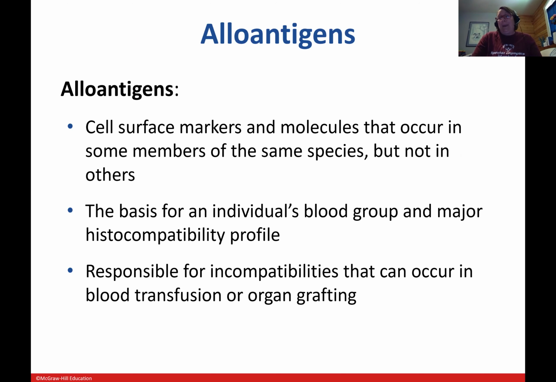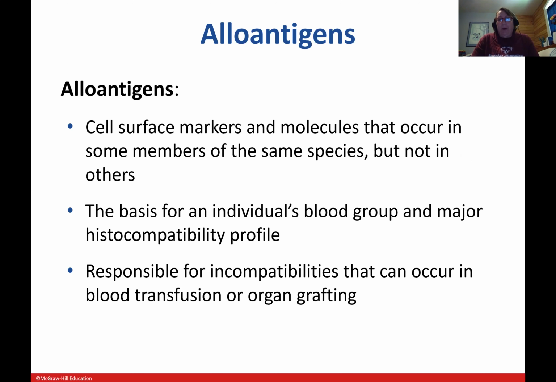Now, on the other hand, if somebody transfuses type A blood into me, my immune system is going to go crazy, because there is an alloantigen that is immunogenic to me. But if somebody with type A blood got that same transfusion, they would not respond.